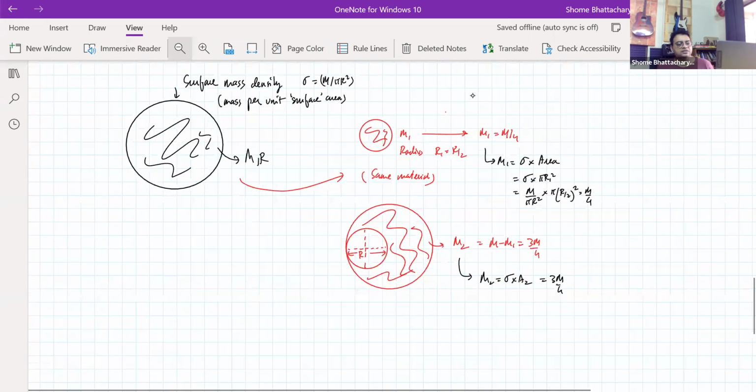So now what is happening is that this mass is a superposition of these two.